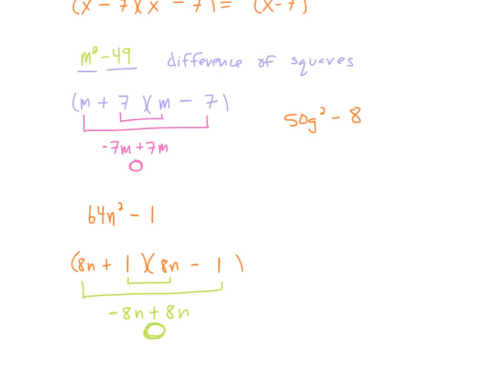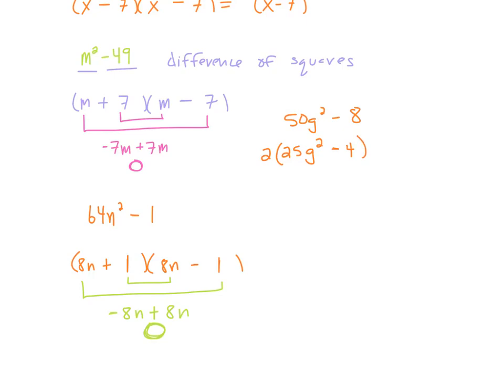But if I notice, they do both have a greatest common factor. So 50 and 8 have a greatest common factor of 2. So if I factor out that 2, we're left with 25g squared minus 4.